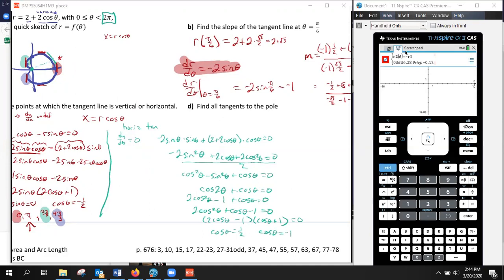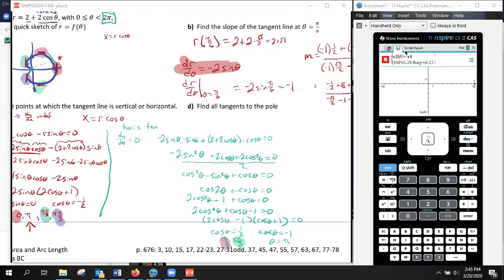Cosine of theta is 1/2 at pi over 3 and 5 pi over 3. Cosine of theta is -1 at theta equals pi. Going back into highlighting, pi over 3 is where that one occurred, and let's do this as a lime green, 5 pi over 3 is where that one occurred.